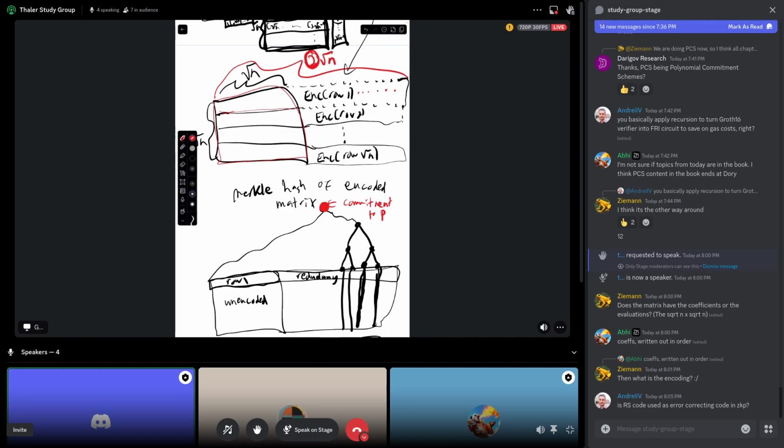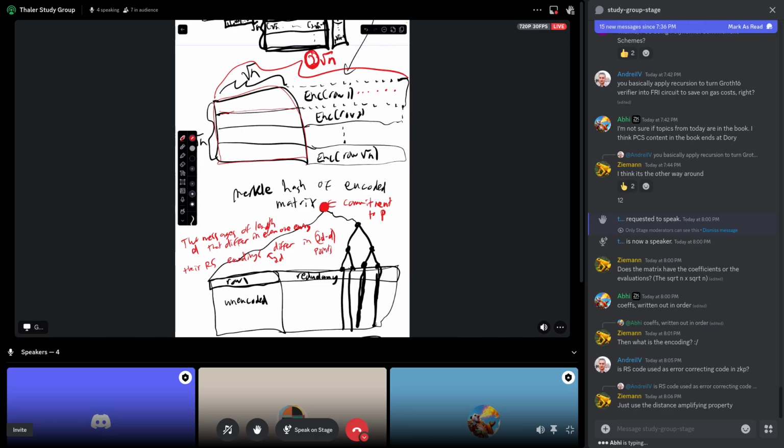If I have two messages of length d that differ in even one entry, they're not the same message, then their Reed-Solomon encodings have to differ, let's say the encoding has length 2d, in like 2d minus d points at least.